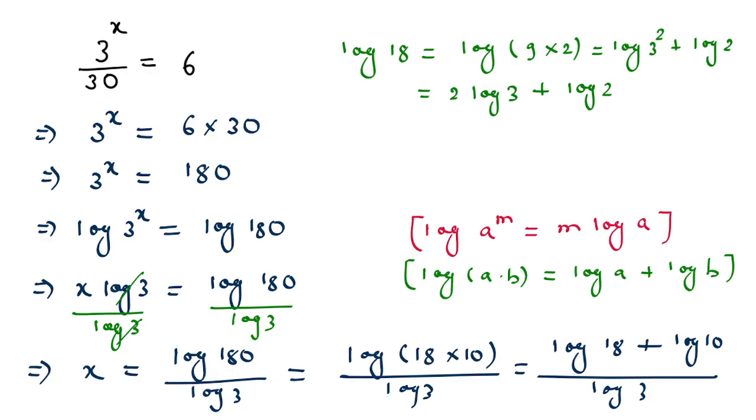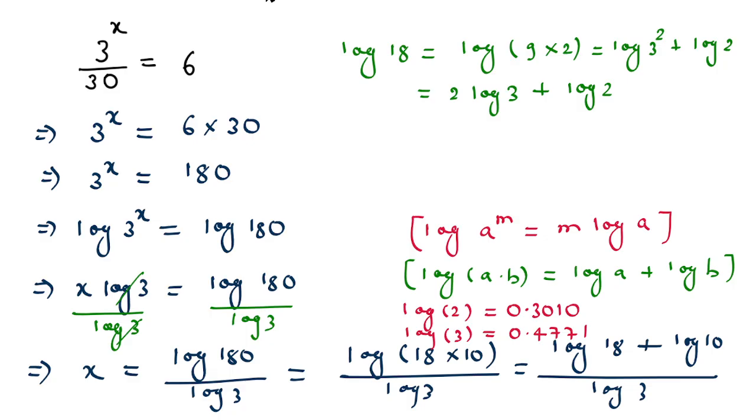So we know log 2 is equal to 0.3010. Okay, and log 3 value is equal to 0.4771. These two values we should always remember to solve such questions.